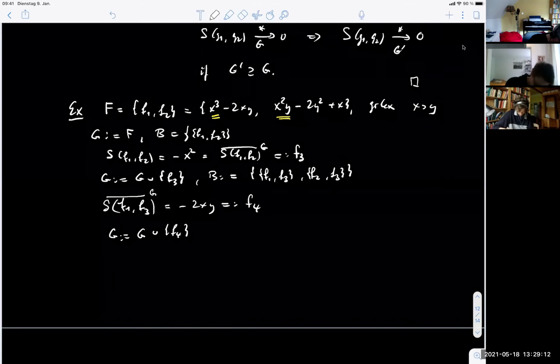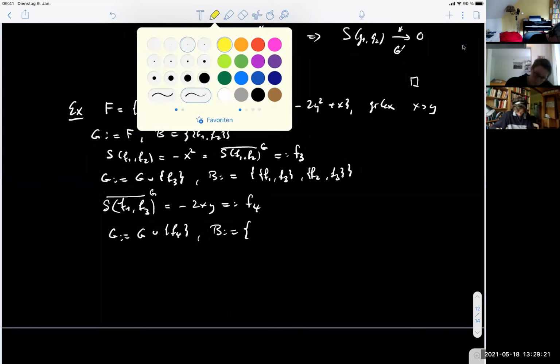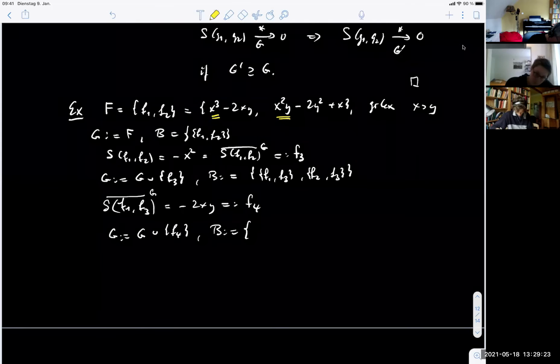I update B. So let's see, what is the B? Just to make clear, the one that I removed is this, so what remains is f2, f3.